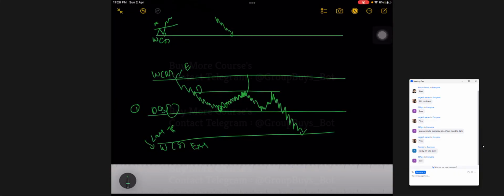But don't misunderstand what I'm trying to say, because the topic right now is more about direction, not the entry first. Hope you guys understand, because if I put in the entry part, you guys will not focus on this. You will be more focused on entry, because you guys love entry.